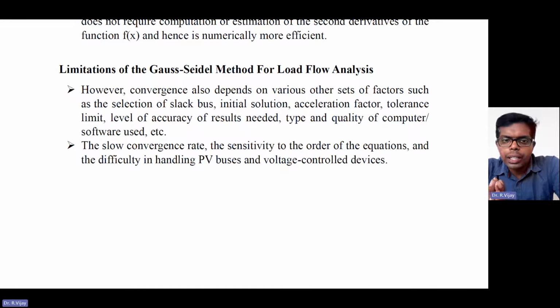So that is the convergence of the Gauss-Seidel method; it depends on the order of the equations. As I said, the Gauss-Seidel method does not involve any second derivative, so it is a little bit fast. But handling the PV buses is difficult, and at that time slow convergence will occur, and also in selecting the voltage control devices. So these are the limitations of the Gauss-Seidel method.